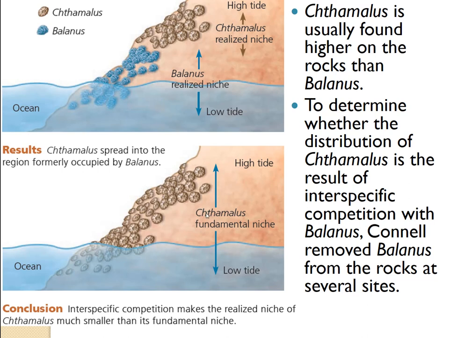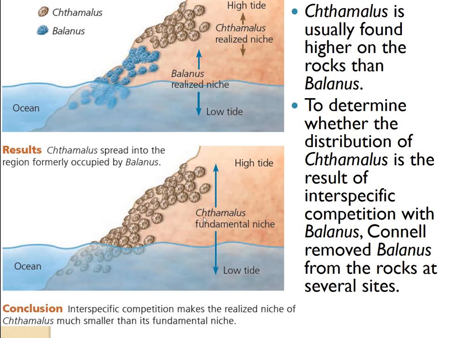So what we can see is that Tamalus has another type of niche, which we call the fundamental niche, which is the potential niche that Tamalus can occupy if let's say there is no competition. Because now there is no competition, Balanus has been removed. So this empty area can actually be occupied and utilised by Tamalus.